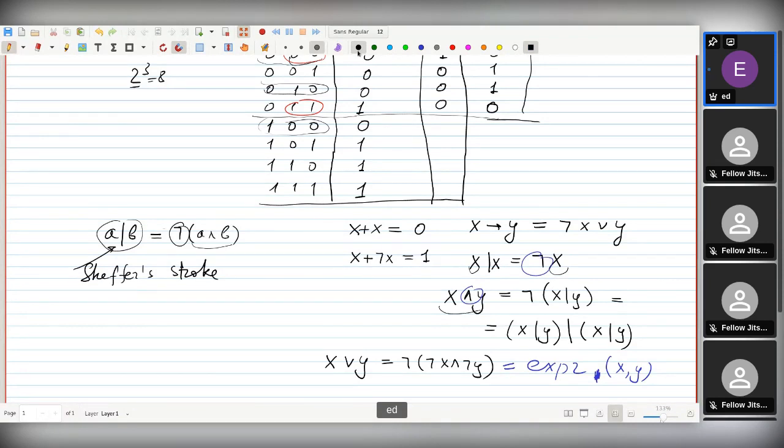So, intuitively we see that these three very common functions, negation, conjunction, and disjunction, are all expressible in terms of just Schaeffer's stroke. Interesting.